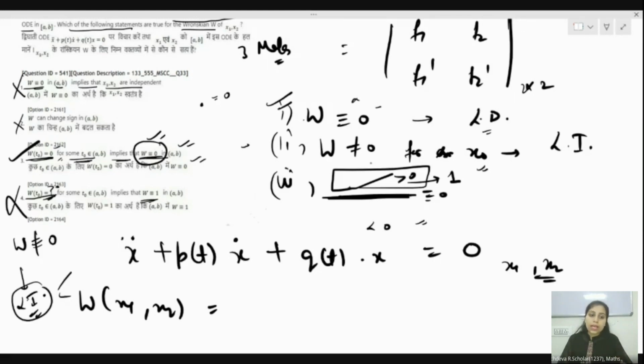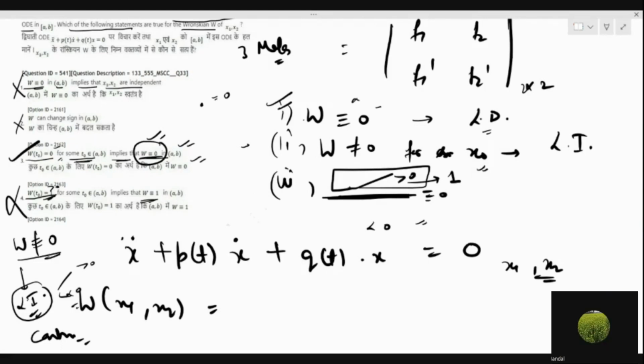It means either totally positive or totally negative. But the option says it is 0 at some point. So we get a contradiction to our assumption. So our assumption is wrong. That means the Wronskian is identically 0. So if the Wronskian is once 0, then it will become identically 0 throughout. Clear?